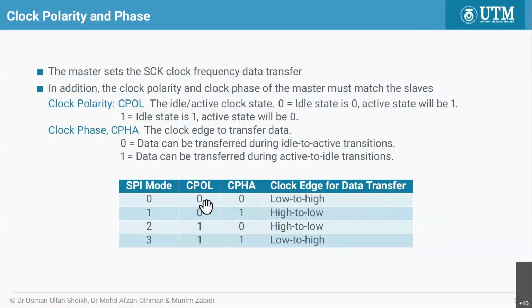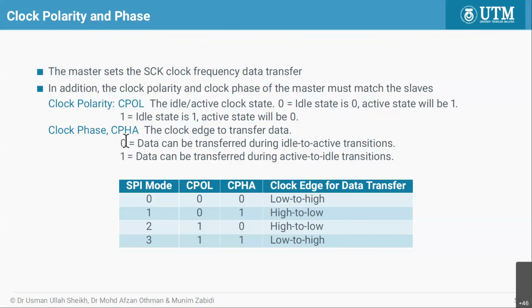So look here. If CPOL is 0, the idle state is 0, active state is 1. If CPOL is 1, then the idle state is 1, active state is 0.